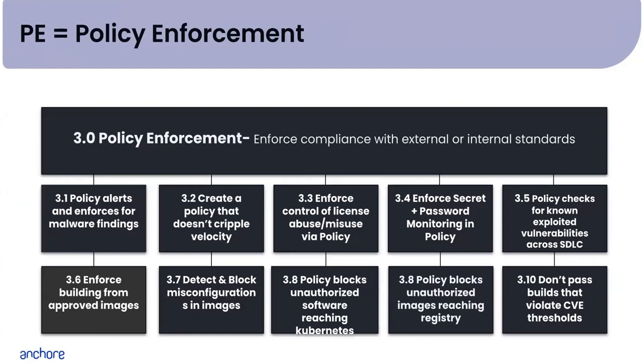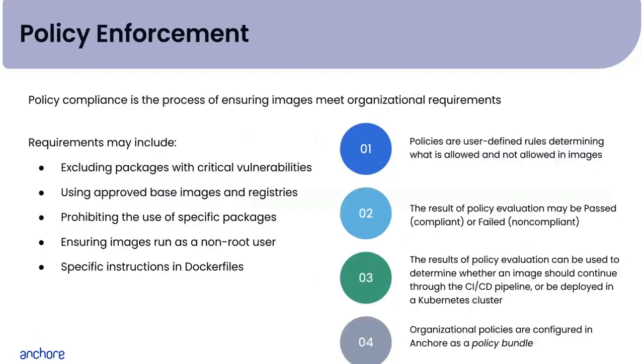So we have a lot of different requirements that we see here: looking for license abuse, license misuse, looking for malware, looking for known exploited vulns, looking for secrets, looking for misconfigurations, building from approved images, blocking those images if they violate those policies, and really taking that enforcement action.